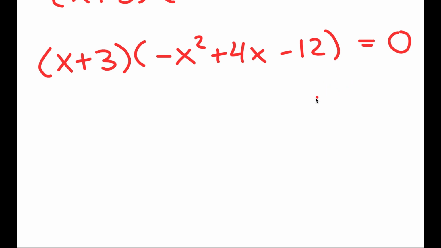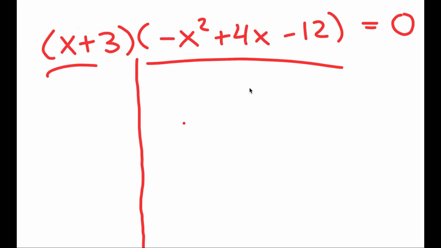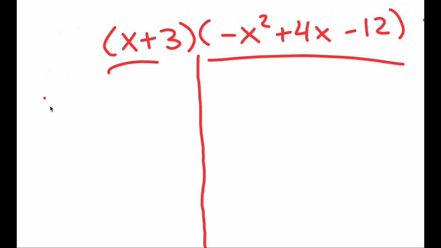Now from here, I get two equations because if either one of these equals 0, the whole thing equals 0 because these two multiply. So I just need to find what value of x for which each of these equals 0, and that's how many solutions I have. So I'm going to split this into two different equations.